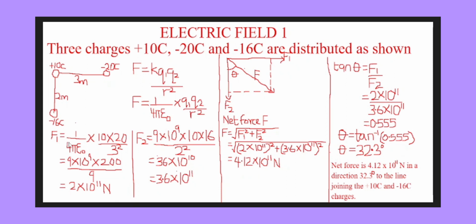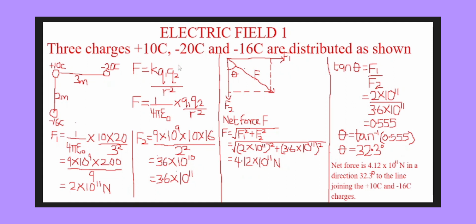From Coulomb's law, the force between two charges says that F is equal to K Q1 Q2 all divided by R squared.